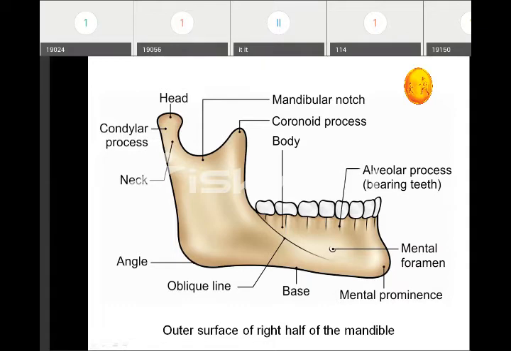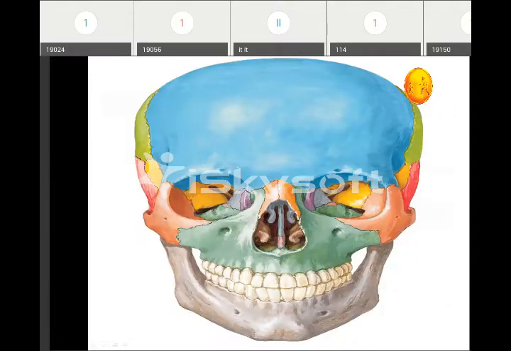The horseshoe-shaped body is there, and a pair of quadrilateral plates are there, known as rami. You can see in this picture, the front portion is the body, whereas the side part is the rami. One part of the rami will articulate with the temporal bone to form the temporomandibular joint.